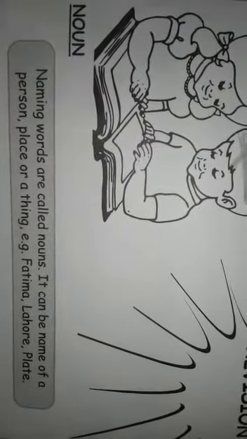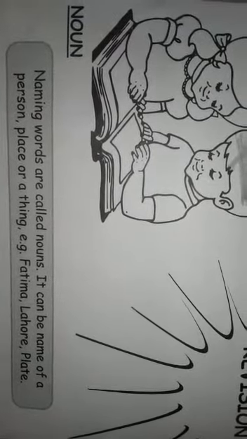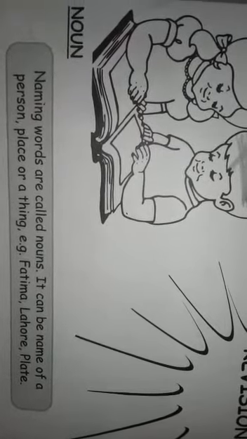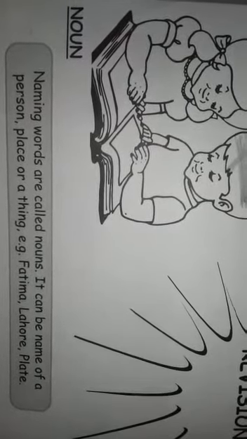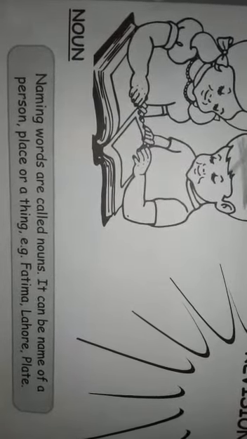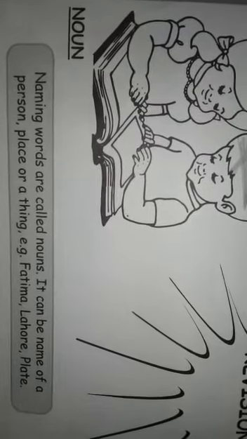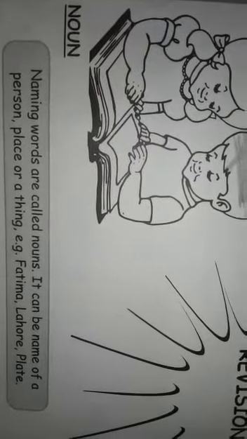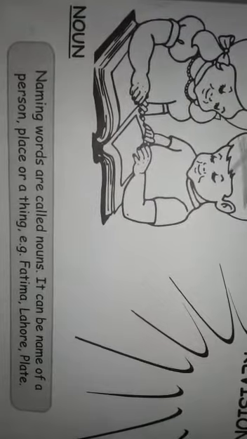Then getting to the place name. Now place is like Haripur, Abbottabad, Islamabad, America, Pakistan, China, Italy. Like there are so many countries. You are taking so many country names. Any country name you just have to take. So these are actually nouns. We are not going to the classification and kinds of noun.